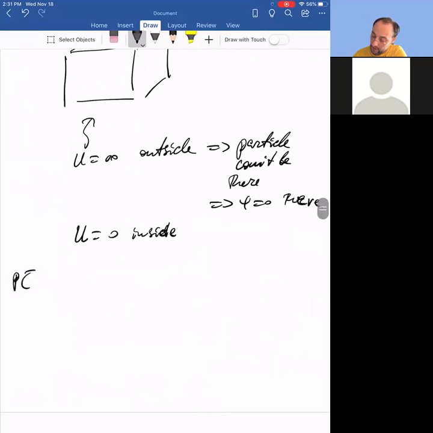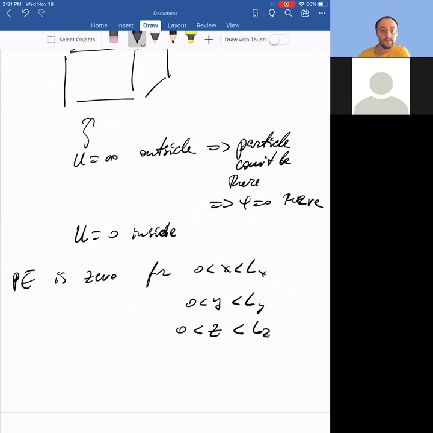So potential energy is 0 for x between 0 and Lx, y between 0 and Ly. It's a parallelepiped. It's not a square box. It's a rectangular box, or in 3D, it's a parallelepiped like this.